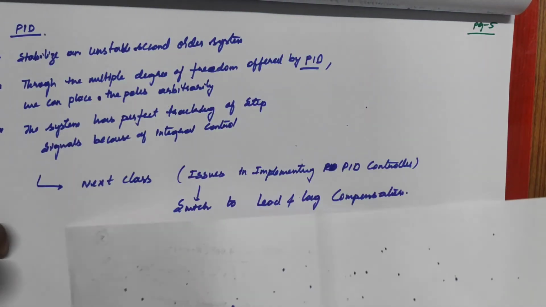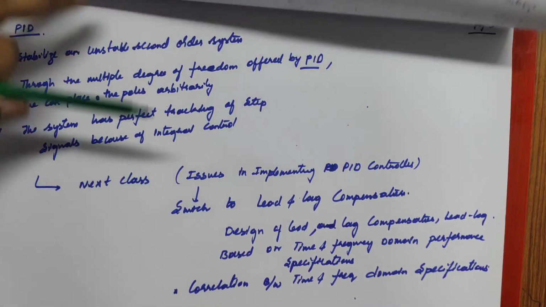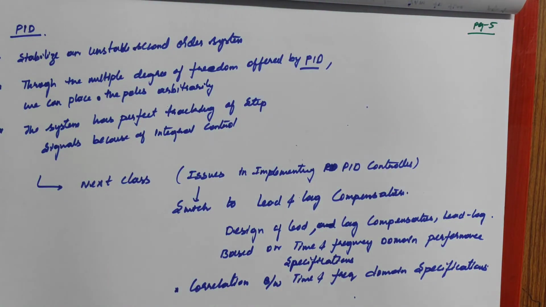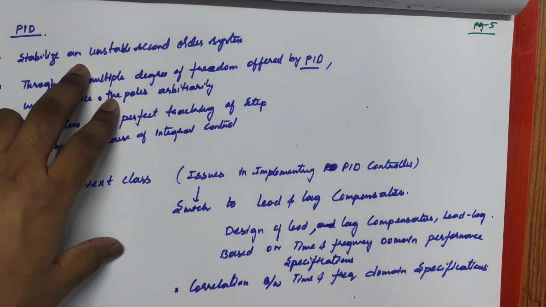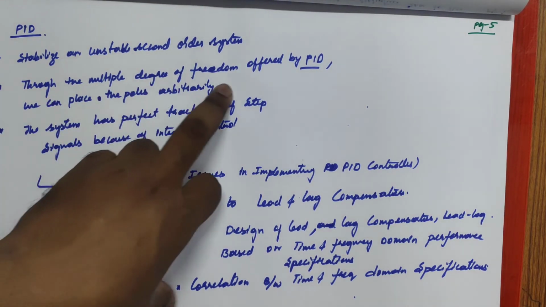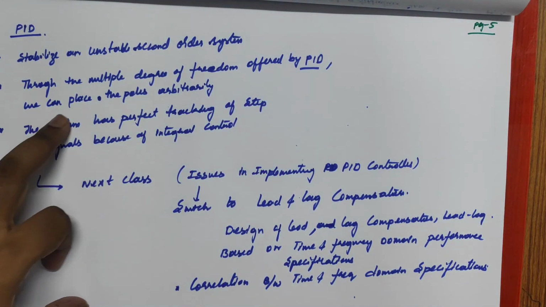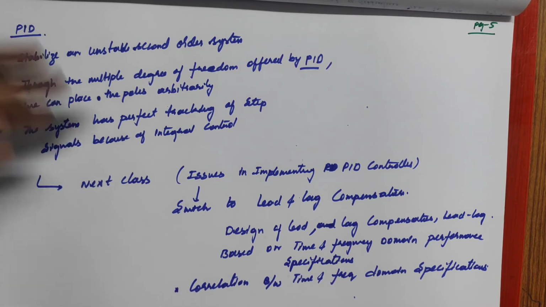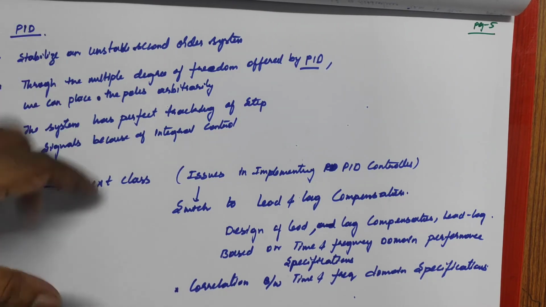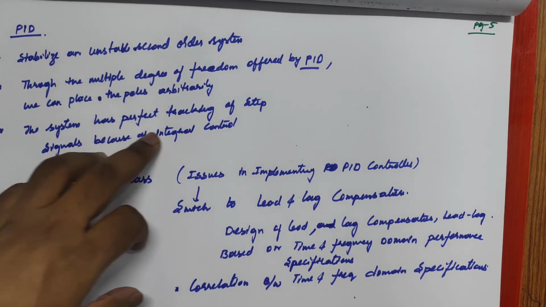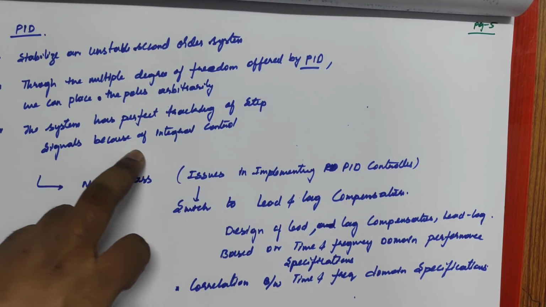Now, what is the PID giving? For the above example, if we use the PID, the unstable second order system is stabilized. Through the multiple design degrees of freedom afforded by PID, we can place the poles arbitrarily. So with different values of Kp, Kd, Ki, we can make the system stable, and the system has perfect tracking of step signals because of the integral controller.